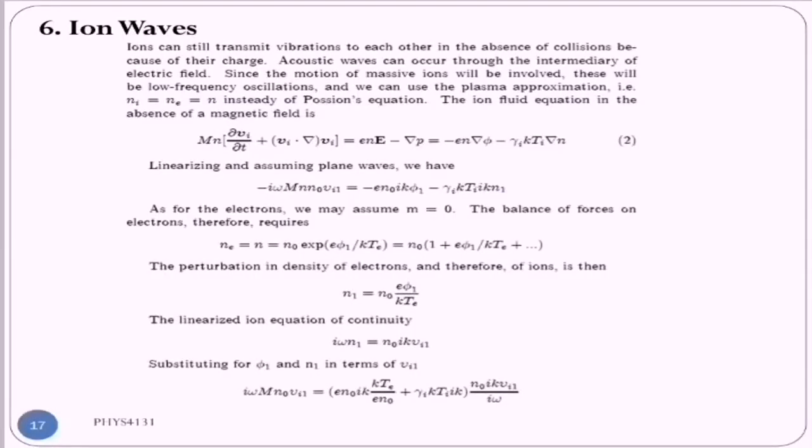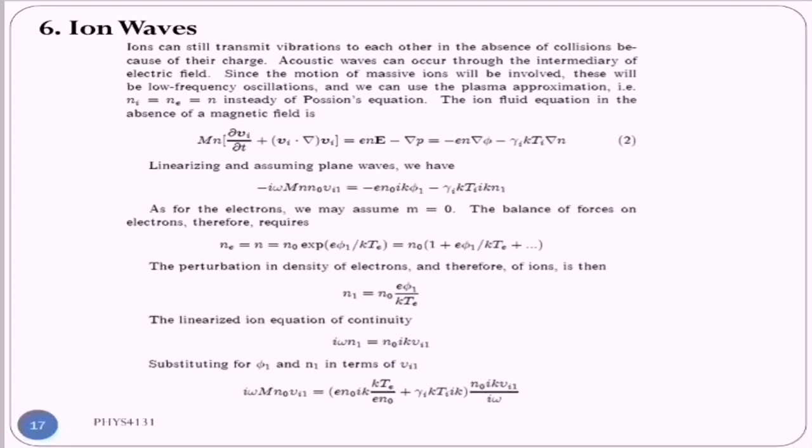Let's substitute the values of phi 1 and n1 in the above equation. Then we arrange this new expression in terms of vi1. We get iota omega M n naught vi1 equal to e n naught iota k kTe over e n naught plus gamma i kTi iota k into n naught iota k vi1 over iota omega.